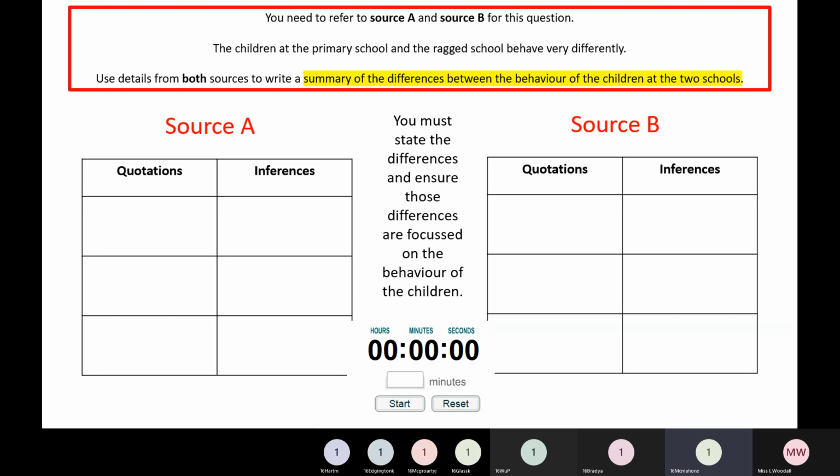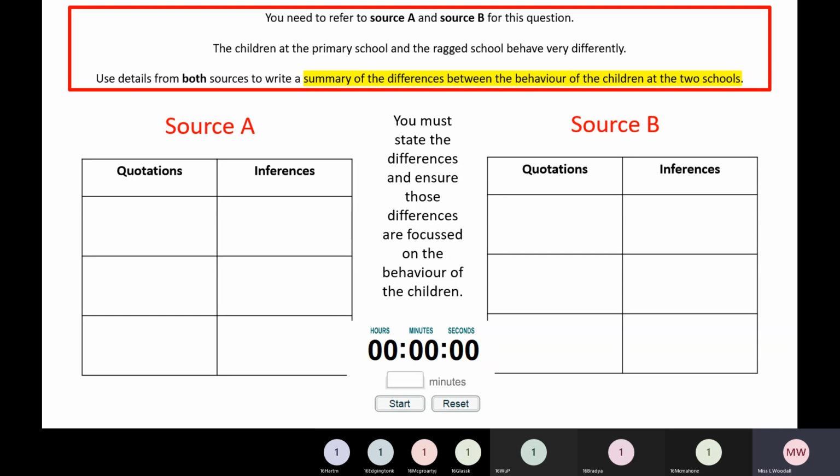Can you repeat the question, please, miss? So what do you notice about the behaviour in source B as a whole? The children were quite rough, and they were quite rude to each other. Like they were very disrespectful from what I've read. Yeah, absolutely. They were very rude, very aggressive, really quite violent behaviour at times as well.